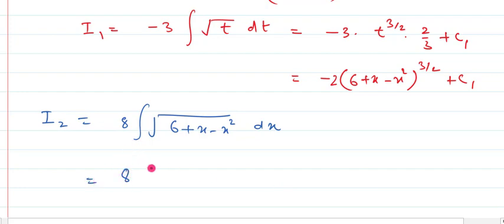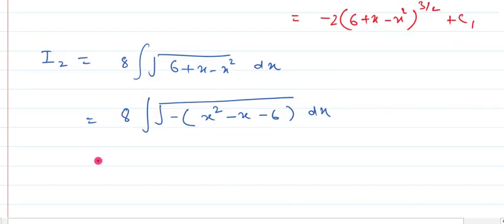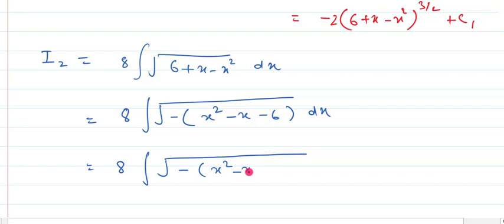It is 8 into integration of, as I told you earlier, this negative sign cannot be outside the root sign, so it will remain inside, and x square minus x minus 6 will be written. Now 8 into square root of minus x square minus x, taking half of it and squaring, it is plus 1 upon 4 minus 1 upon 4 minus 6 dx.